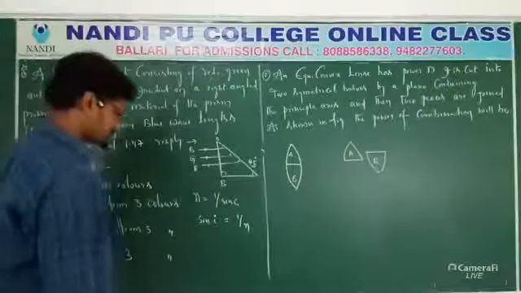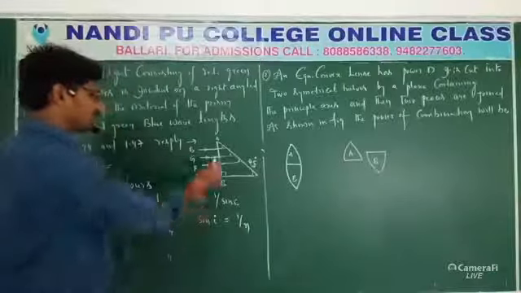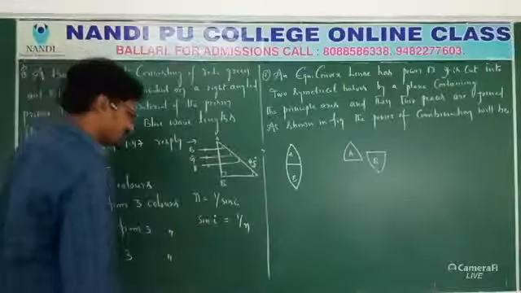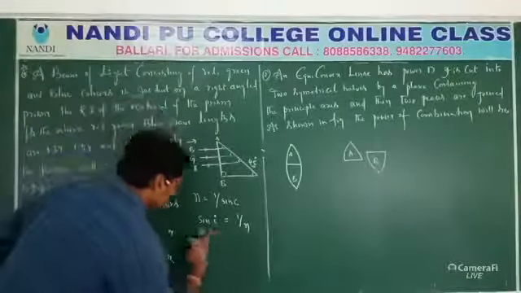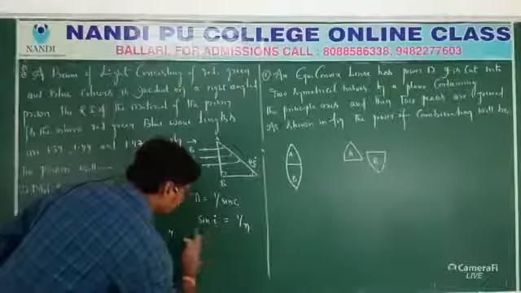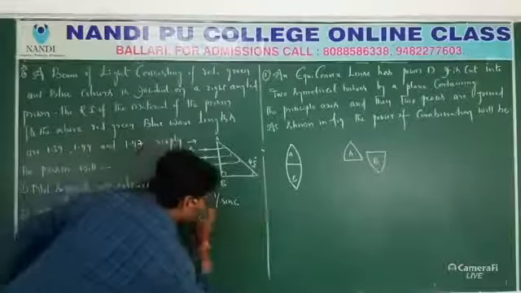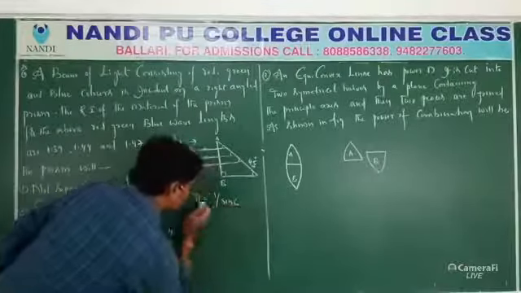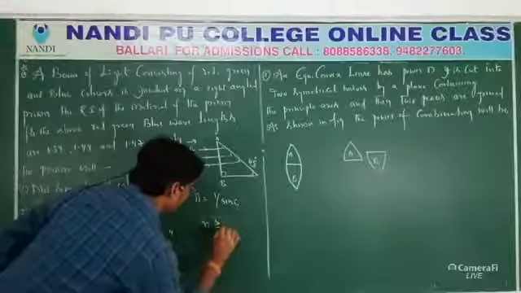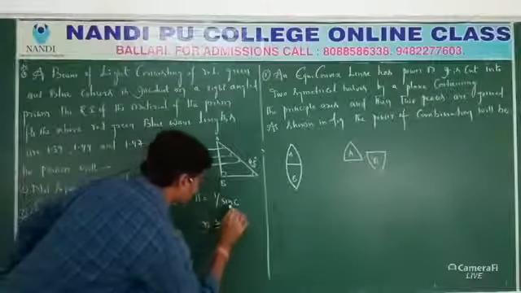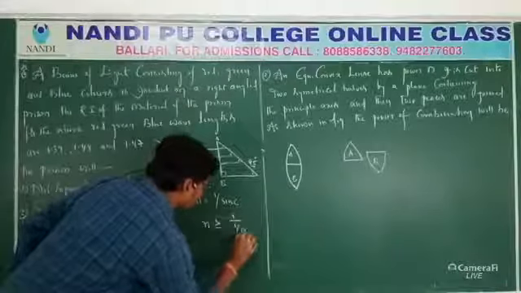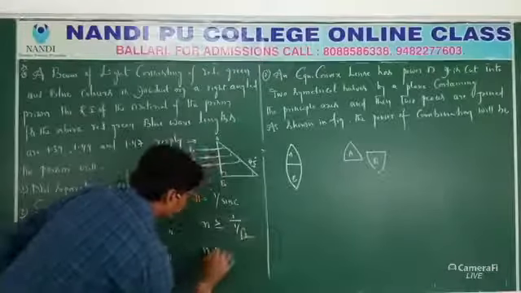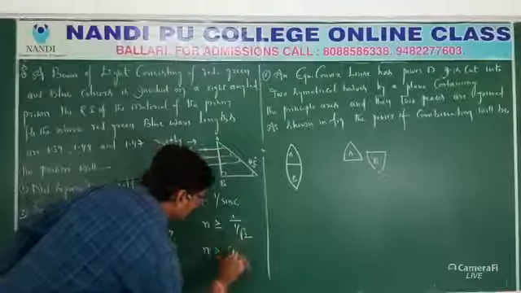Understand? Yes. So now you know the condition is 45. N equals 1 by sin c, so n is greater than or equal to 1 by sin 45, that is, 1 by 1 by root 2, which is root 2.